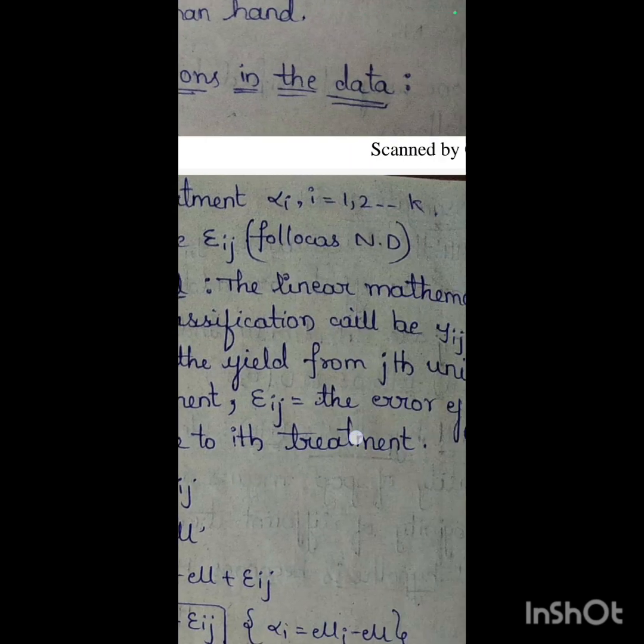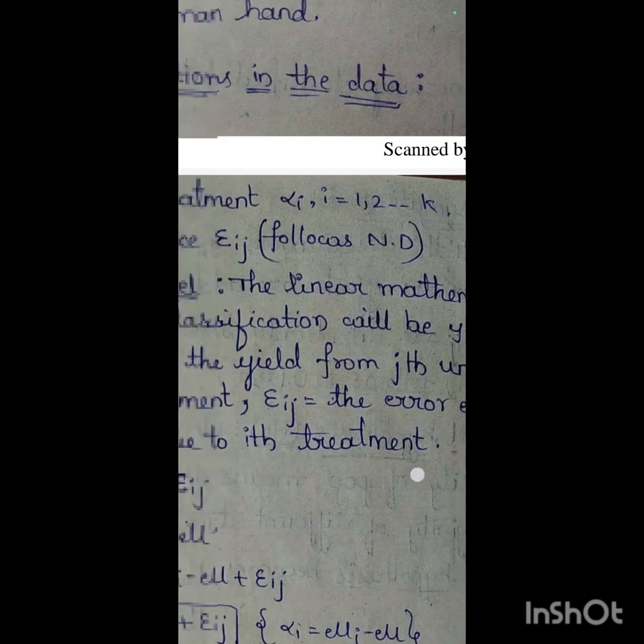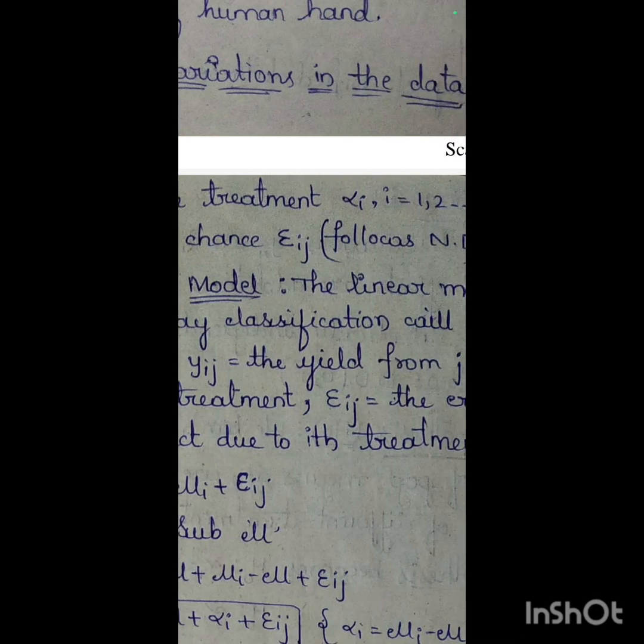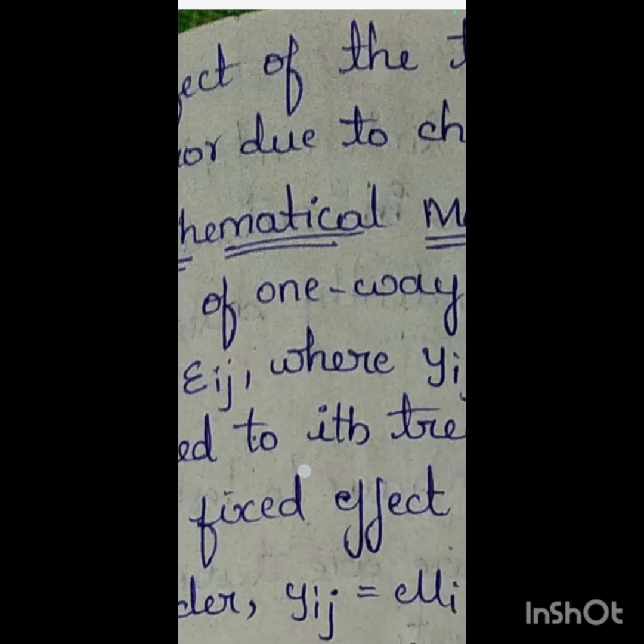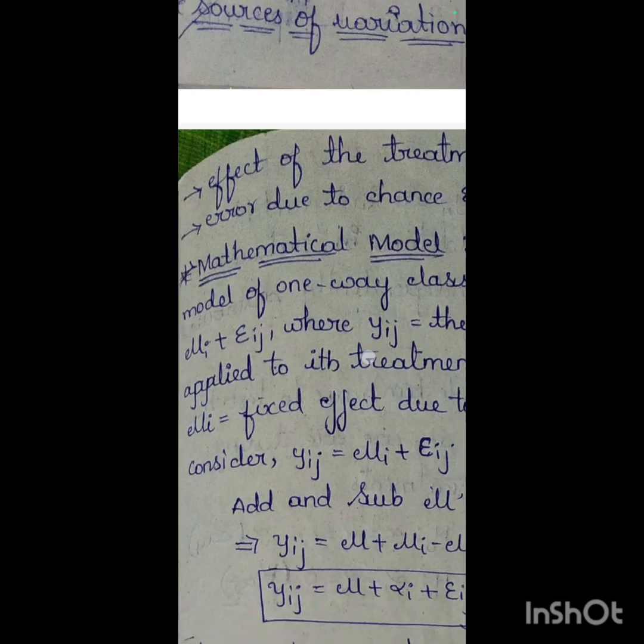So the linear mathematical model of one-way classification is yij equals mu i plus epsilon ij, where yij is the yield of the jth unit in the ith treatment, epsilon ij is the error effect, and mu i is the fixed effect due to the ith treatment.